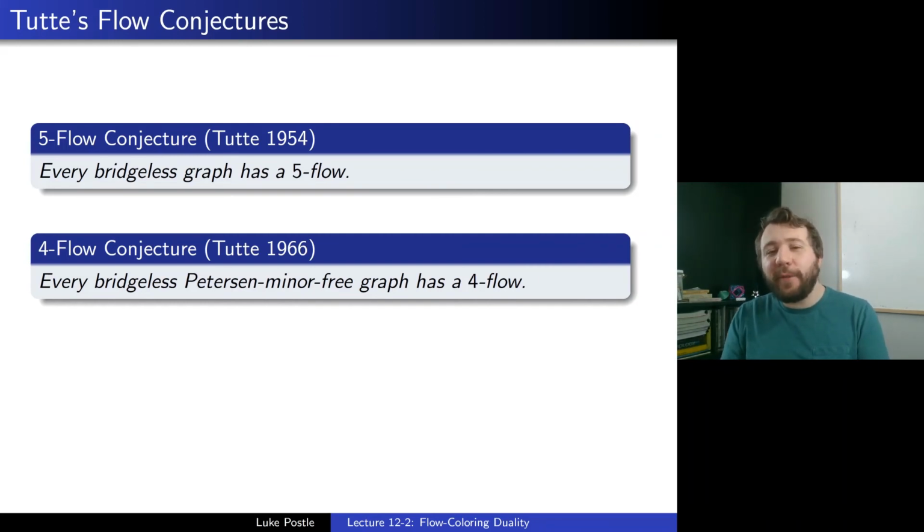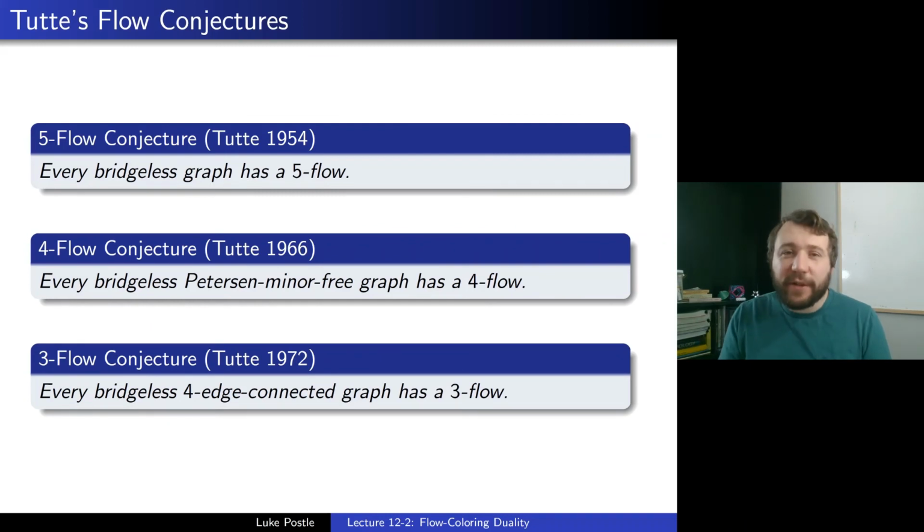That isn't quite perfect in that minors don't necessarily preserve flow number, but it would be a nice fact to be true, the best we could maybe hope for about 4-flows. And then the 3-flow conjecture is quite startling as well. It says that every bridgeless 4-edge connected graph has a 3-flow.